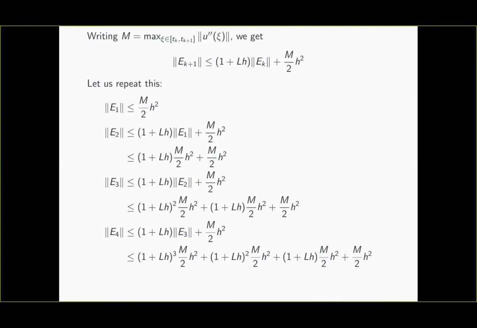Okay, now to simplify this a bit further, we use the fact that u prime prime can always be bounded by M in Euclidean norm. And substituting that, I get that the Euclidean norm of the error ek plus 1, the global discretization error at time tk plus 1, is bounded from above by 1 plus Lh times the Euclidean norm of the error ek plus M over 2 times h squared.